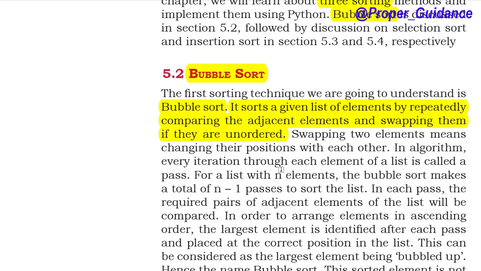Larger elements will come after the smaller ones. This is one way, and the other way is a decreasing way, that is from the greatest number to the smallest number. So this is the very basic concept of how to order a list.